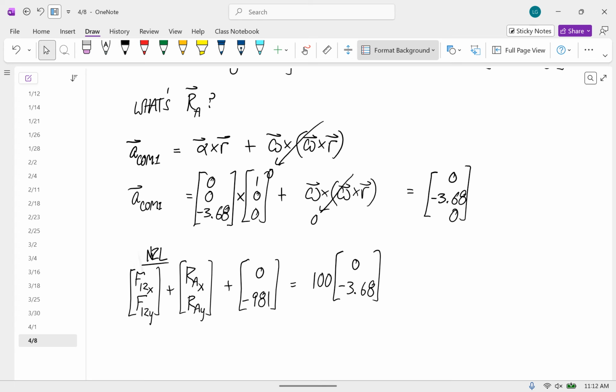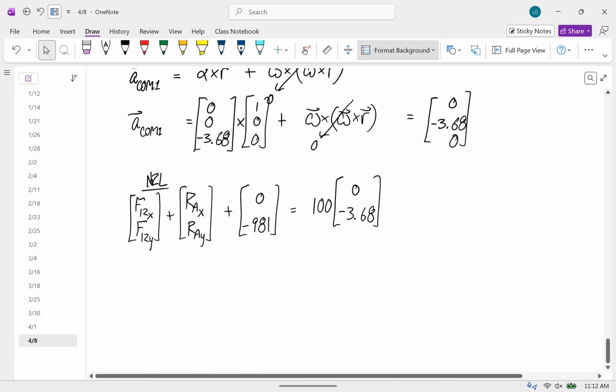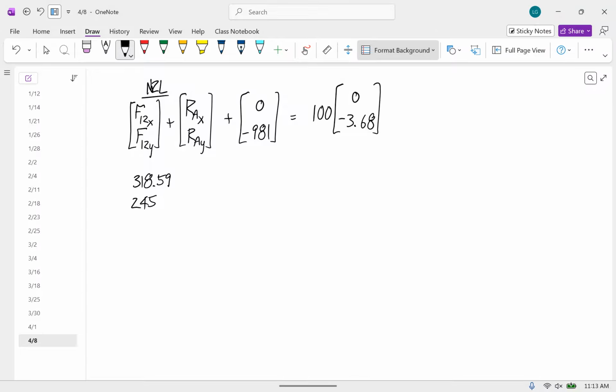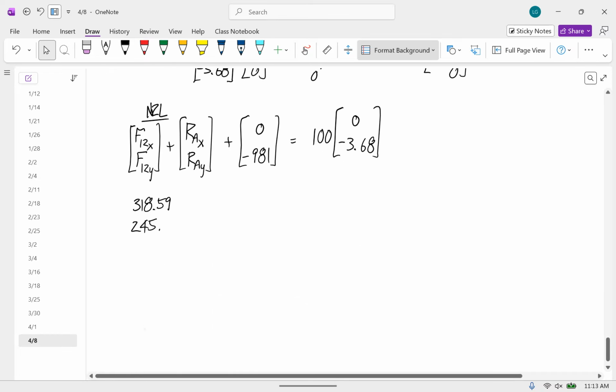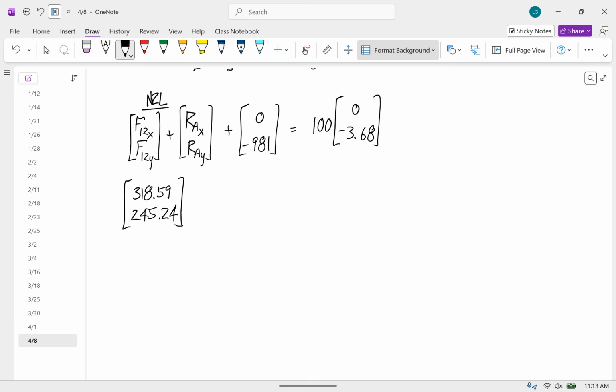And I can plug in F12, and so 318.59, 245.24. And I'm going to move everything to the other side of the equation. Let me rewrite this.